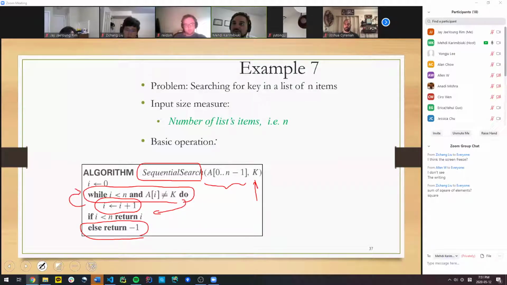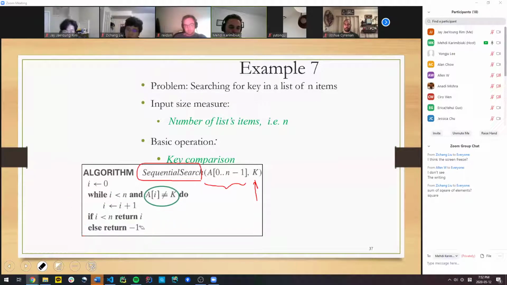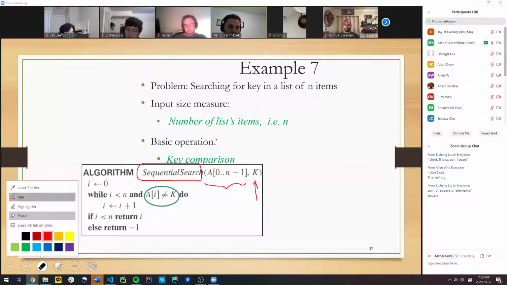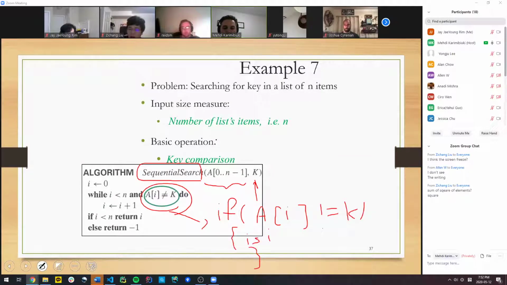Basic operation. In this case it's kind of tricky, because you could have had an if statement. If I erase all these, this can be: if A[i] is not equal to k, do i equals i plus 1.